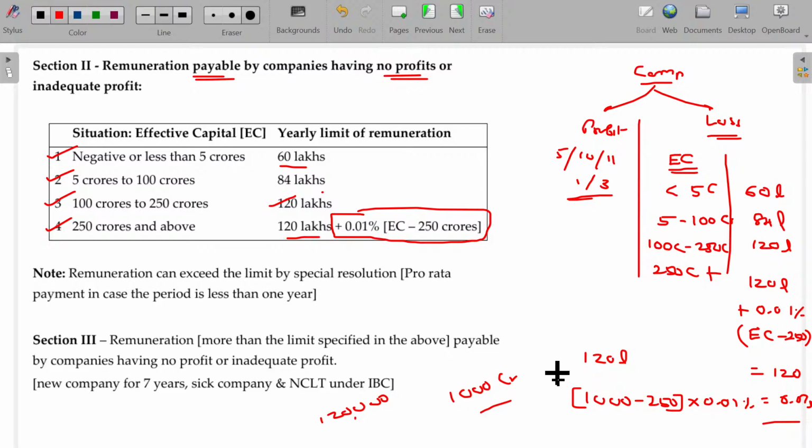This will be 750 crores, 750 into 0.01%. Come on, get me the value. 120 lakhs plus 7.5 lakhs. 127.5 lakhs is the answer. Okay, make the corrections. It is in crores, 120 lakhs.